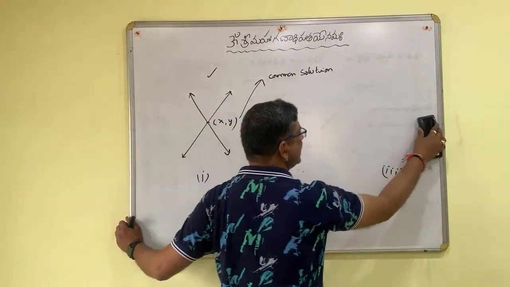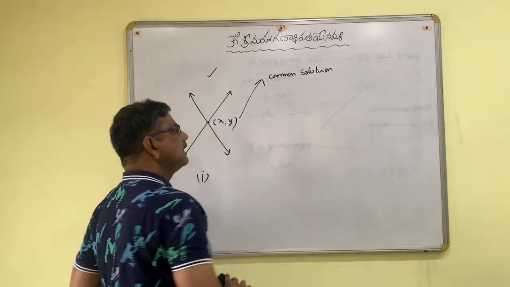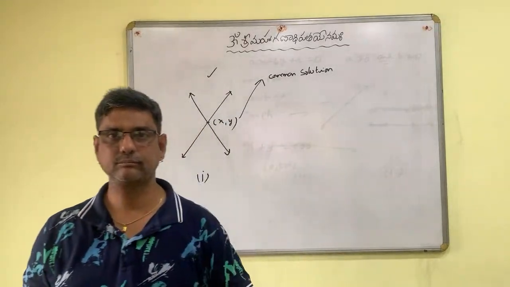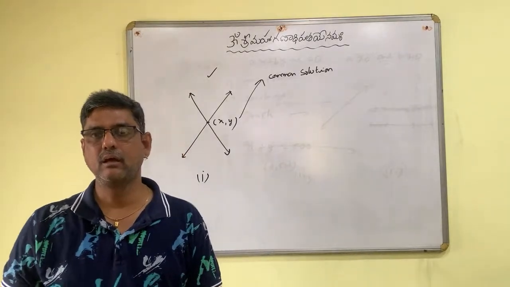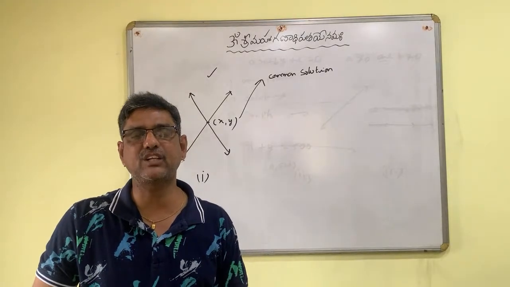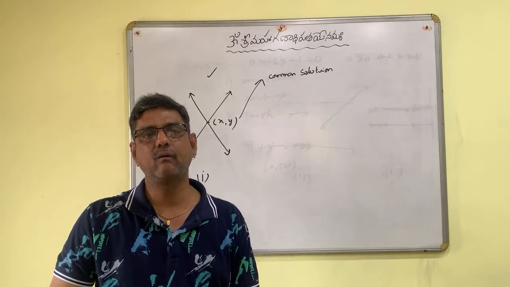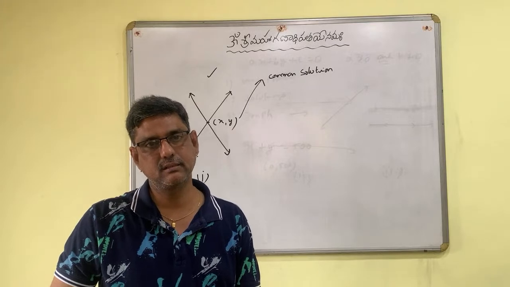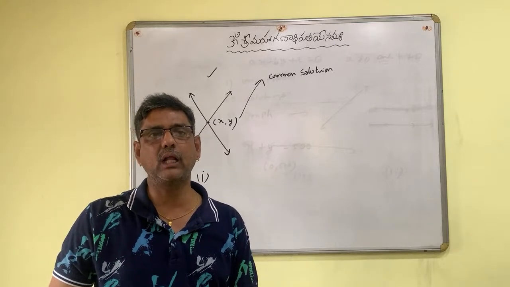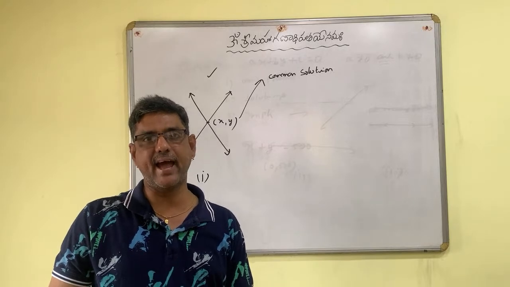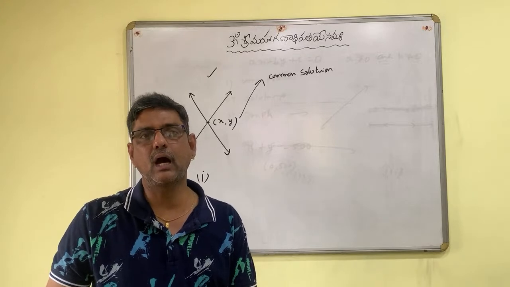These two cases we will discuss later. Now we will see only the first case. If two straight lines are intersecting each other, they will intersect at only one point whose coordinates are x and y, and we will call the point of intersection the common solution.